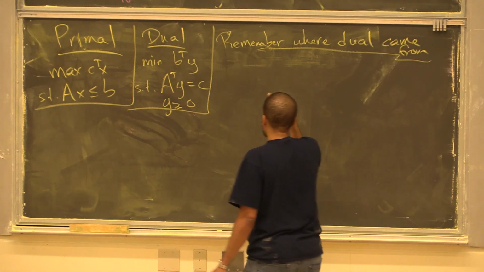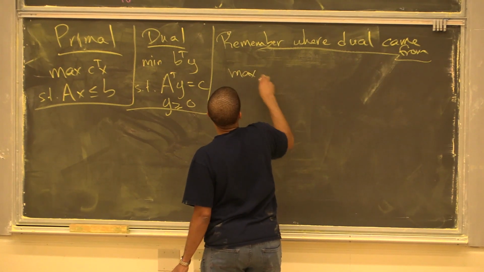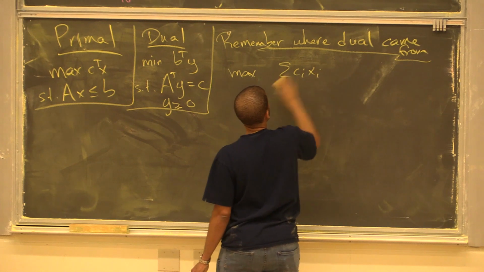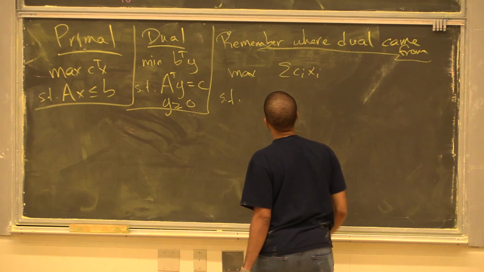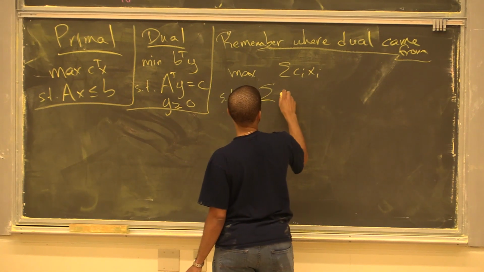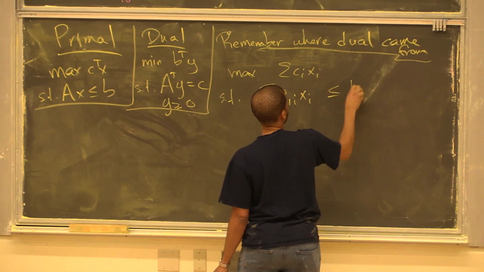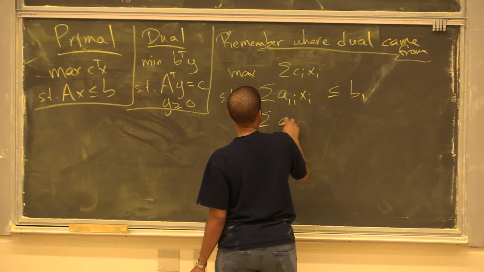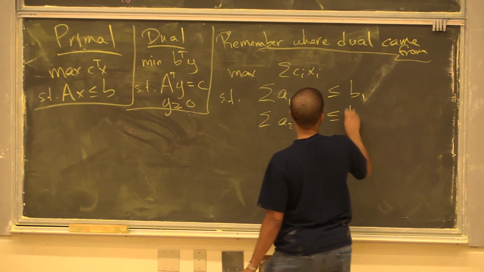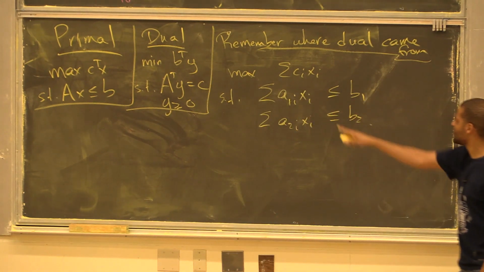Remember we said we wanted to max sum of c_i x_i subject to constraints that look like sum of, let's say, a_1i x_i is at most b_1, sum of a_2i x_i is at most b_2, etc. Right? That's exactly that format.